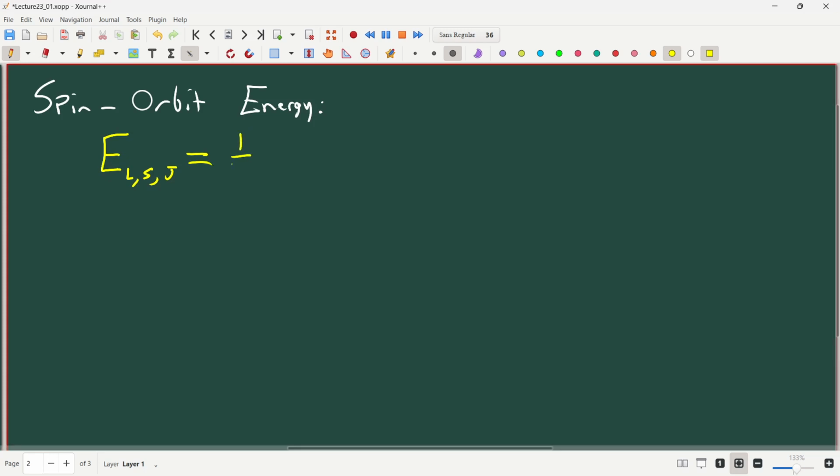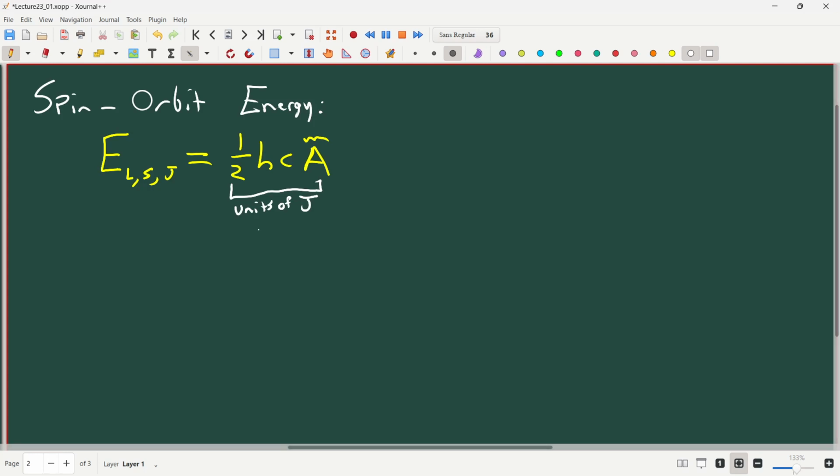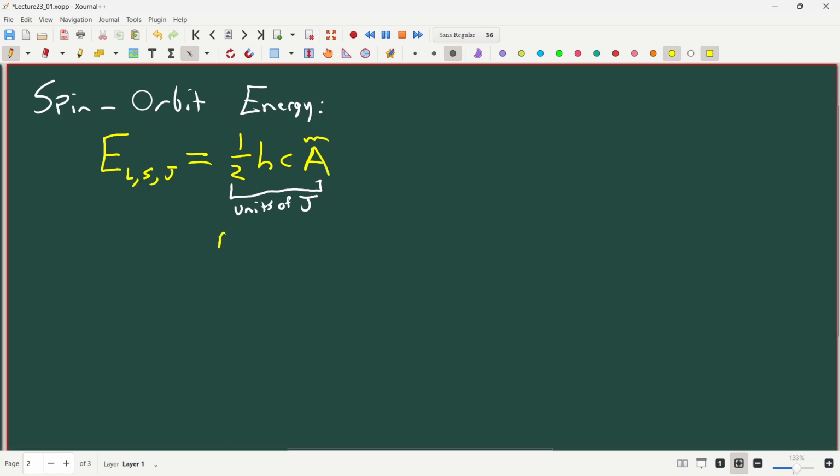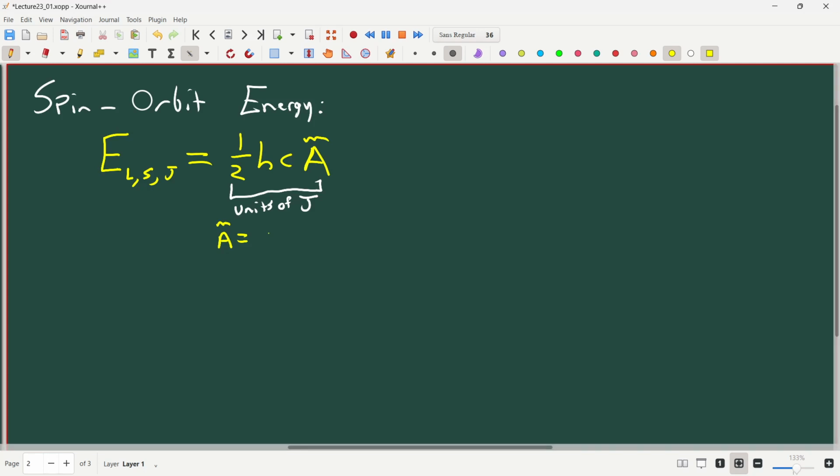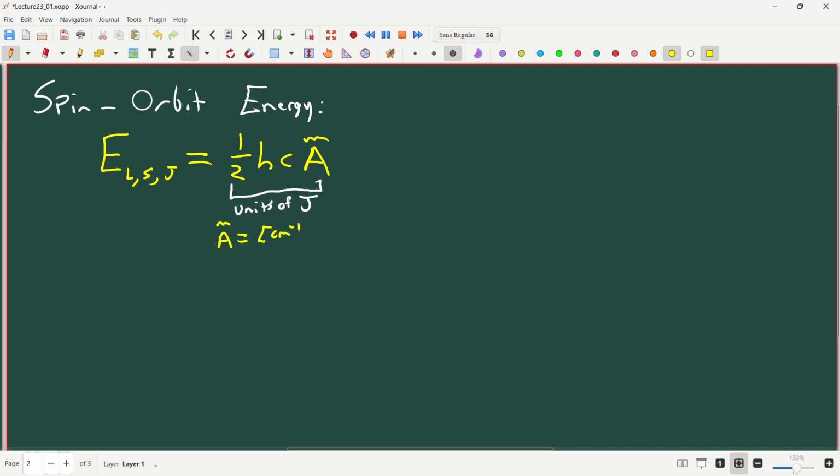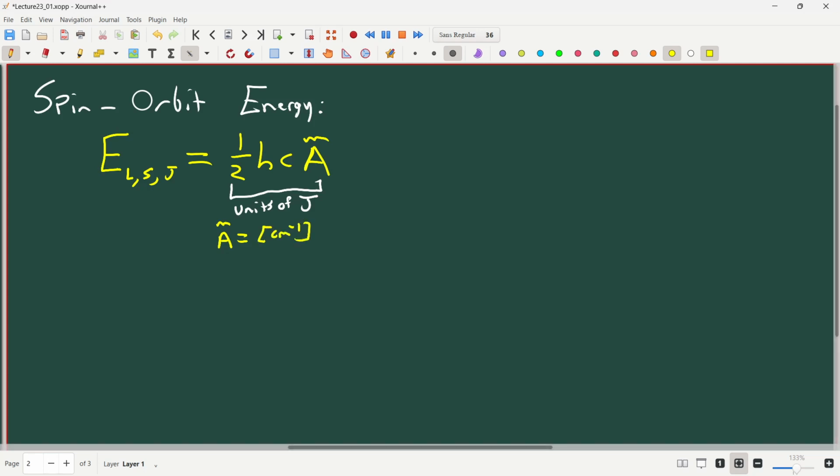And it's equal to 1/2 times hc times this constant A squiggle, which is called the spin orbit coupling constant. This gives you units of joules. And A squiggle, the spin orbit coupling constant, is in units of wave numbers. So that's why hc is in there. You can always get rid of hc, and then everything's in units of wave numbers.